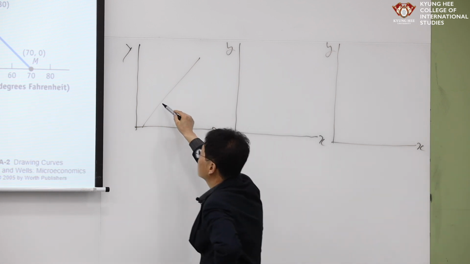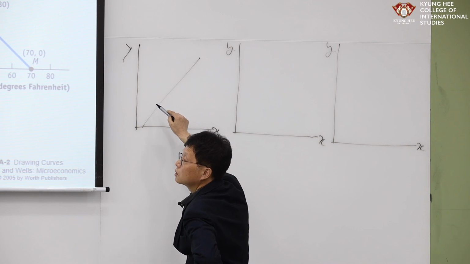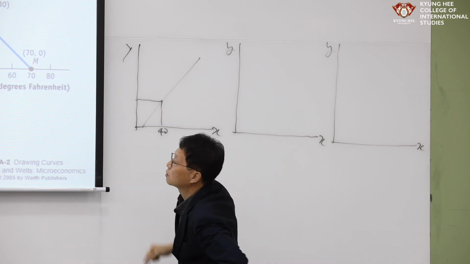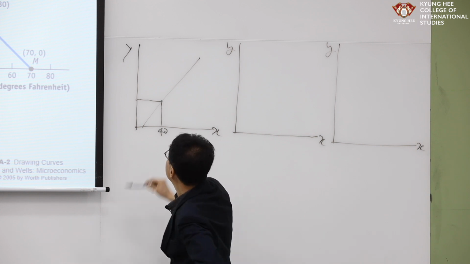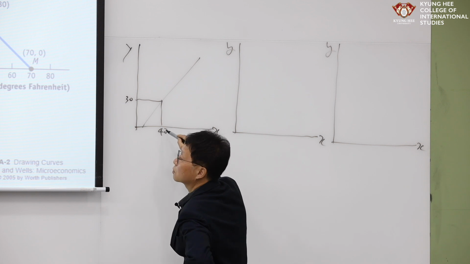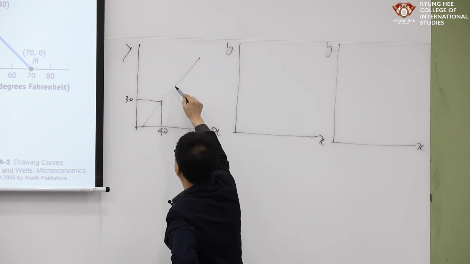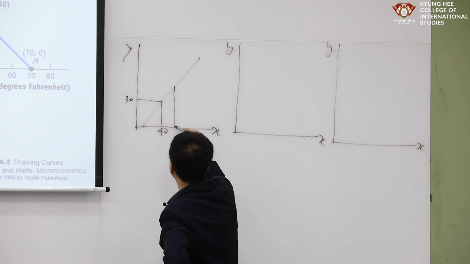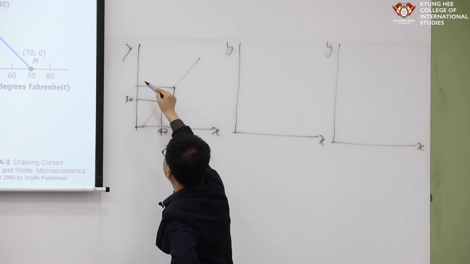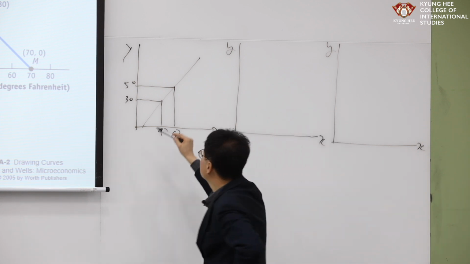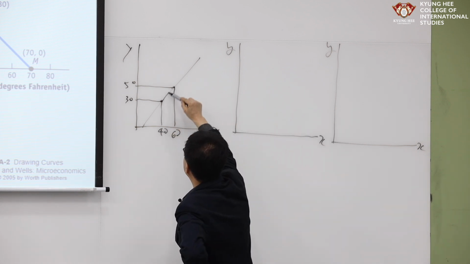X increases. Originally we start at this point, 40 degrees, and consumption of good one is 30. Outside temperature goes up to 60, then the ending value of y is 50. Okay? So we're moving from here to here.